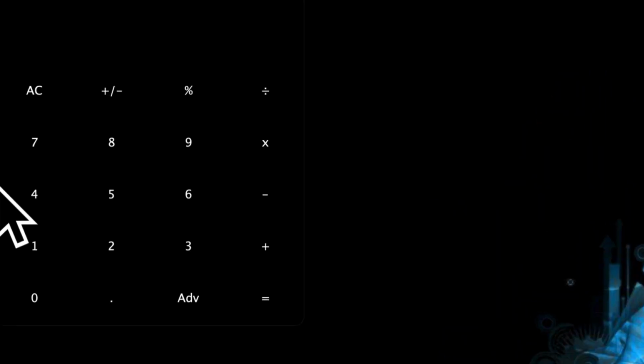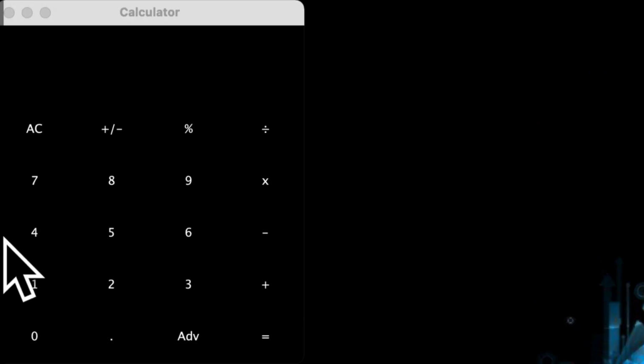So the person would come to the application, and he or she will write some number, right? And then once he finishes the numbers, he or she would press the plus button or an operation.